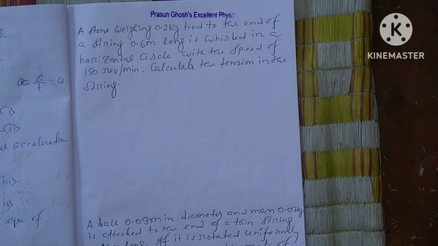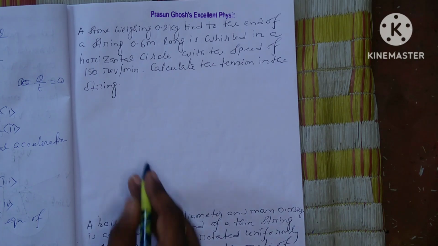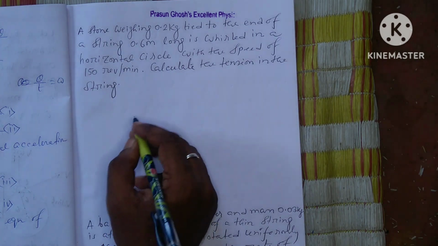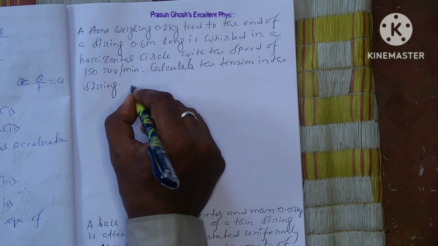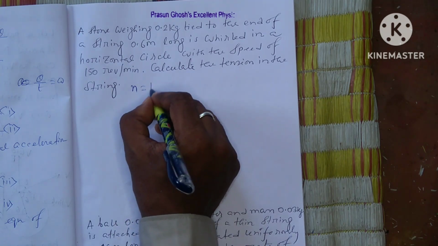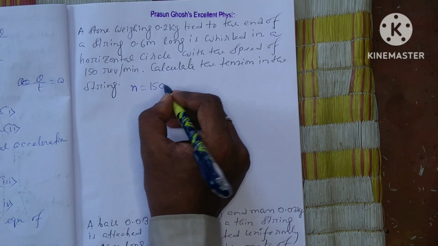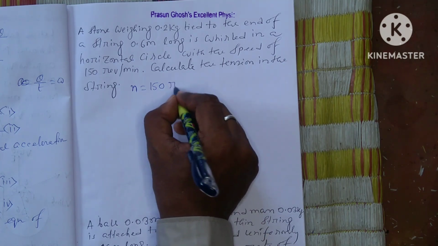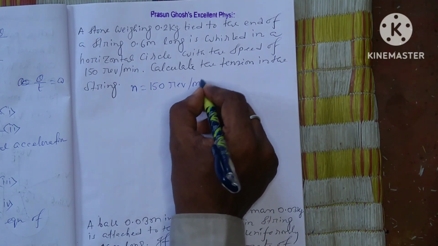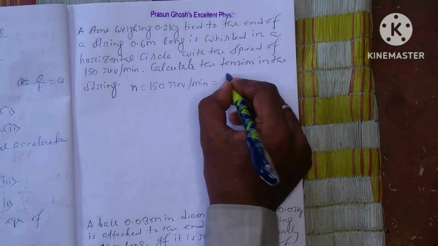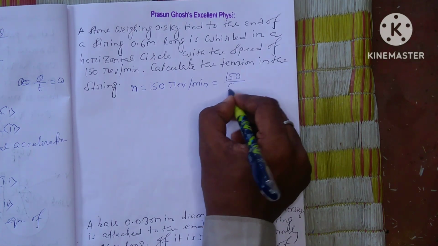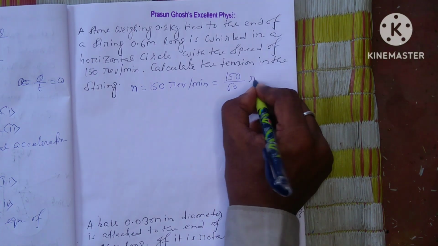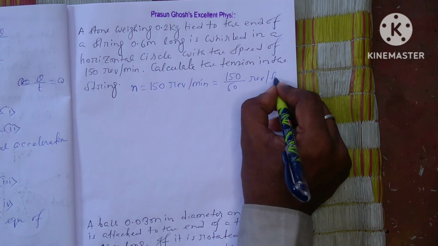With the help of the centripetal force, we calculate some numericals. In the first numerical, n is given as 150 revolutions per minute, so we write 150 by 60 revolutions per second.